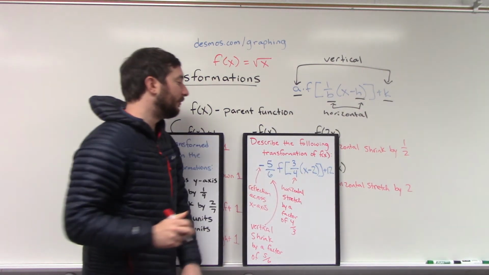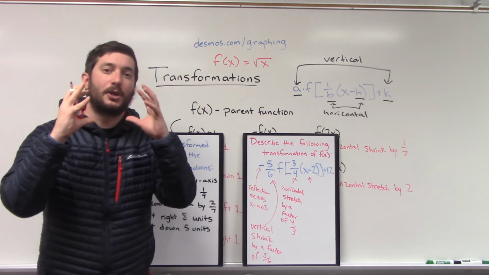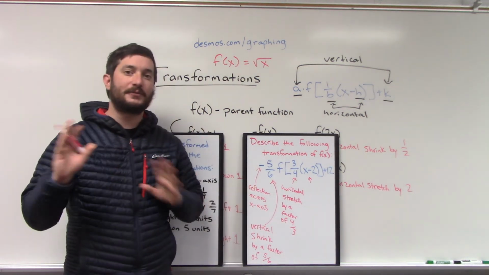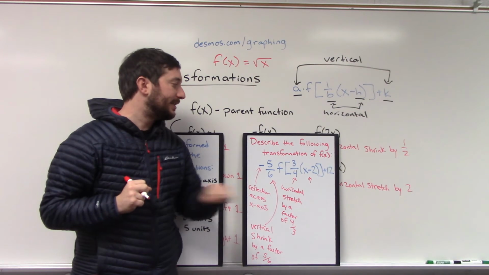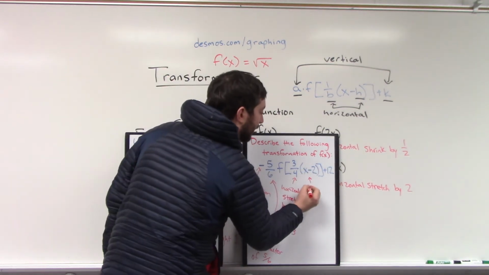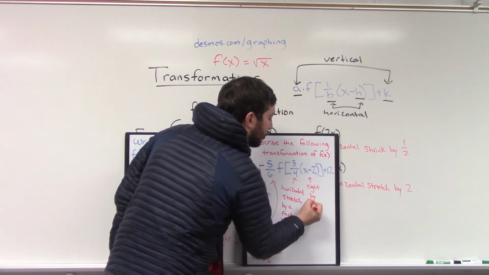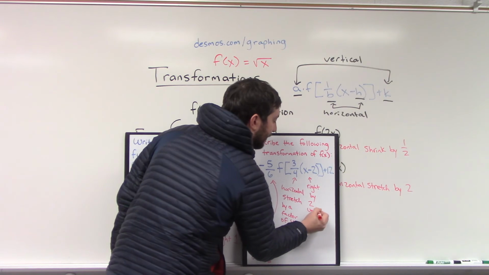Here, we're moving either left or right. Notice that gets wrapped in its own separate parentheses. Anytime you move left or right, that's always in the parentheses next to x on its own. So here that means we are moving right by 2 units because we're subtracting.